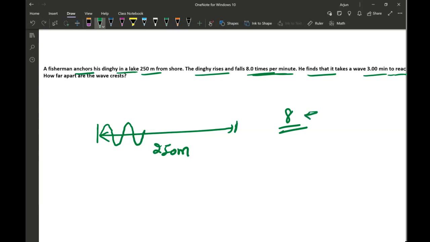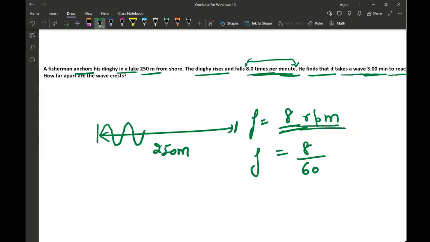If anyone doesn't know what 8 times per minute is, you can go back to chapter number 7 and look into the concept of frequency, and you'll find it there. 8 times per minute, like revolutions per minute, means that the cycle is repeated 8 times in a minute. So if I want to convert it into seconds, it will be 8 divided by 60.